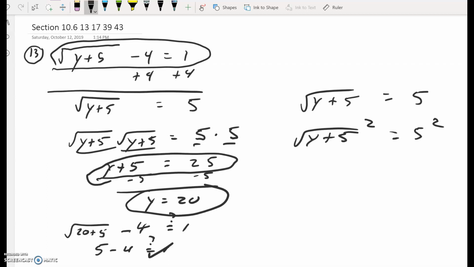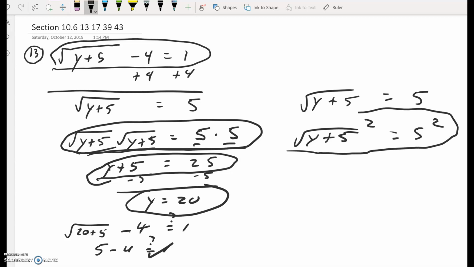Squaring both sides is the same thing as doing what we did here, but this leads to understanding, whereas sometimes this doesn't lead to good understanding. It just depends. So my advice is do it this way until you can't stand it anymore, and then give yourself the option of doing it this way. Either way, though, the rest of the work stays the same.